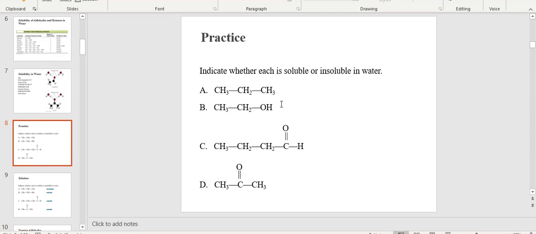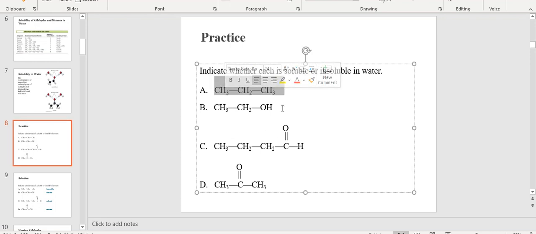Practice. Indicate whether each is soluble or insoluble. Well, what do you think about that one? Just an alkane. Nada. Alright. Here we've got, what's this one called? Quick like a bunny. Ethanol. Sure it is.